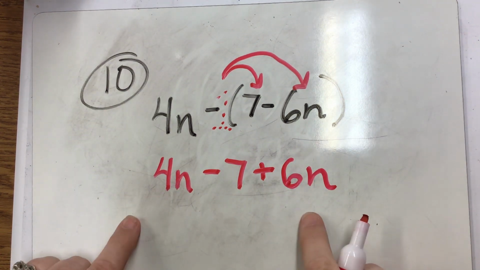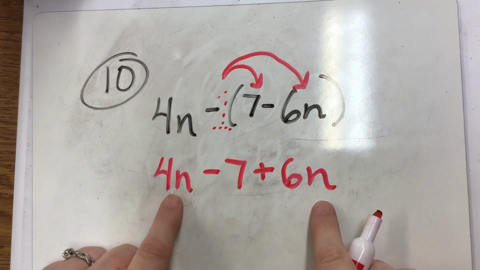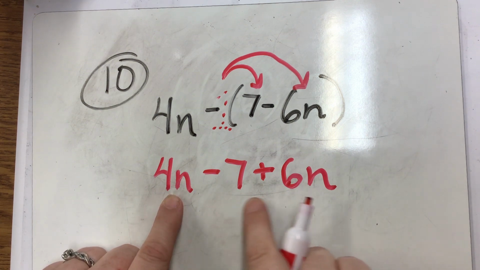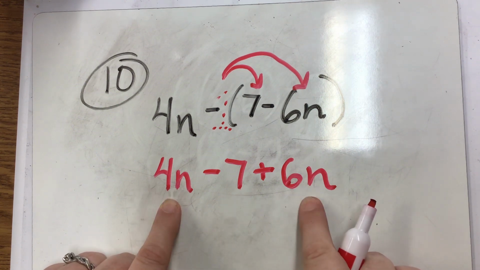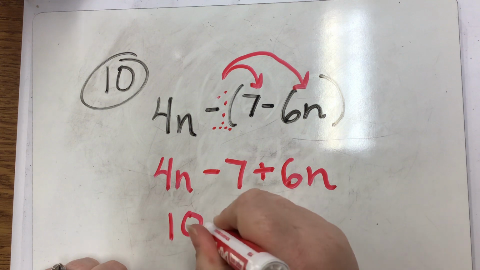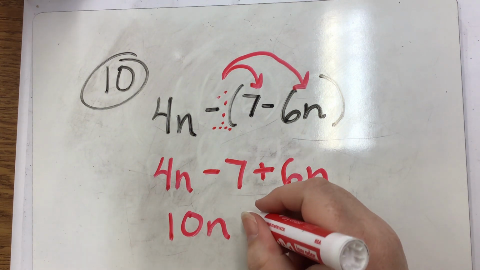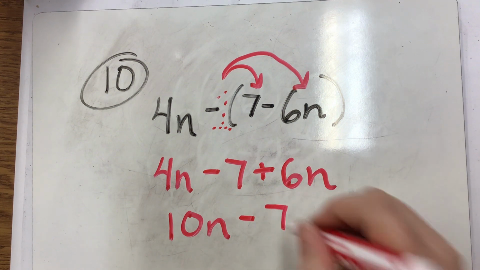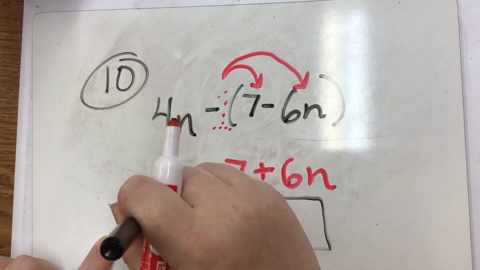Okay, now look here. Do any of these match? This has an n. Does anything else have an n? Yeah, this guy right here. If I have 4 n's here and 6 n's here, how many n's do I have? Yeah, I have 10 n's. 10n. And then don't forget your 7. Minus 7. And that is our final answer.